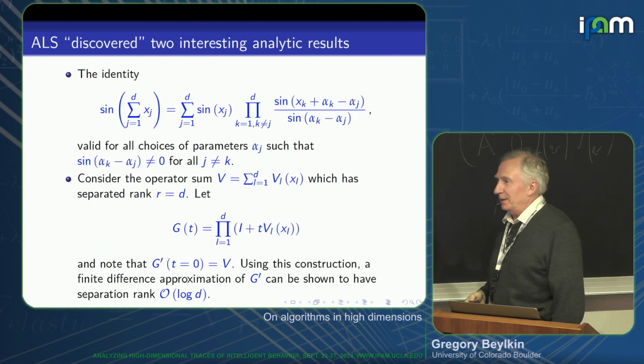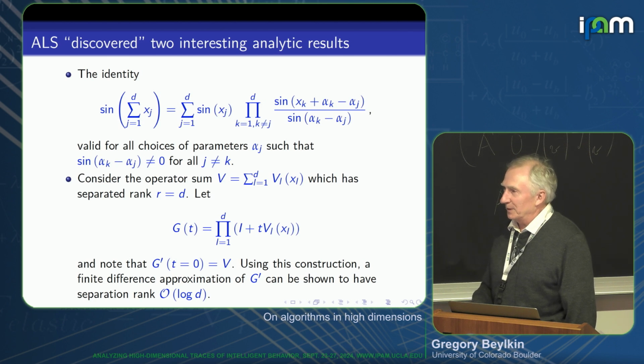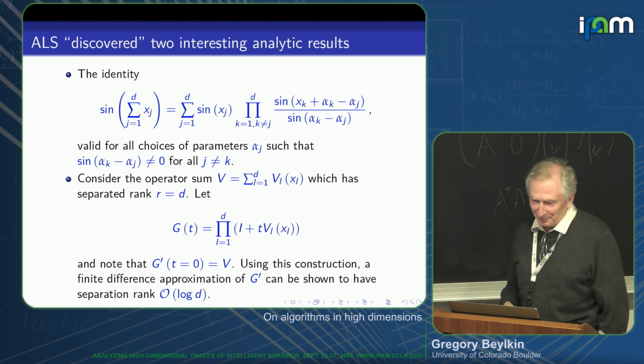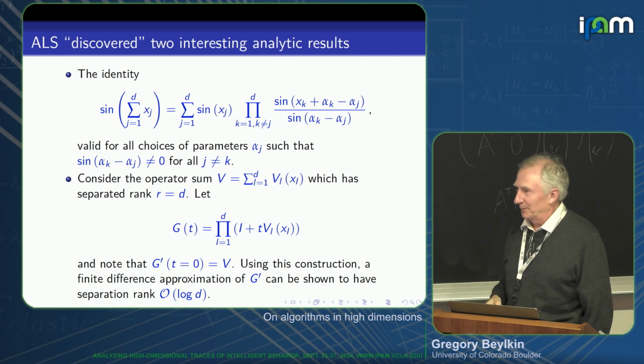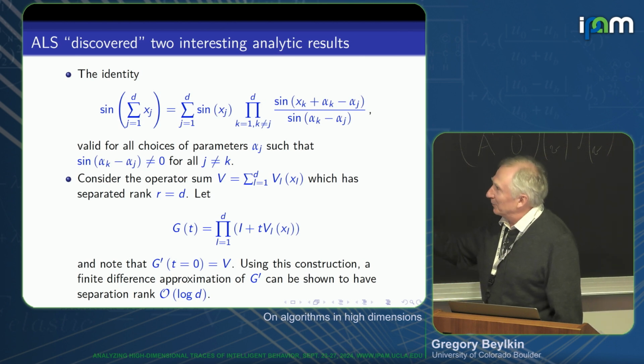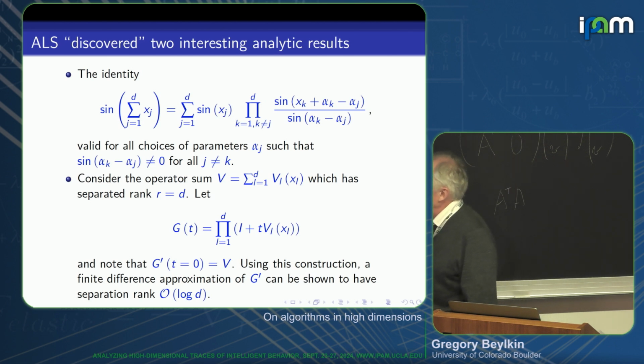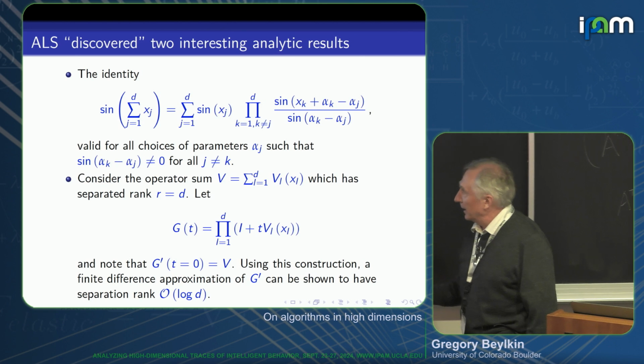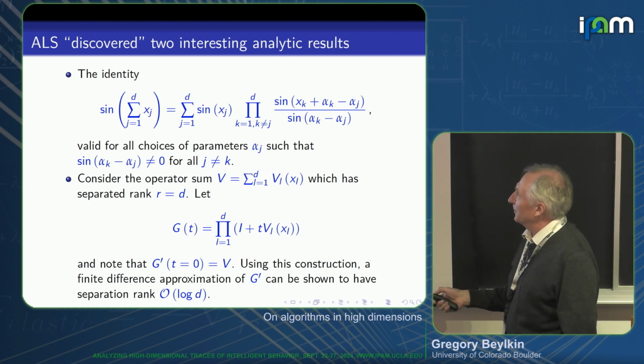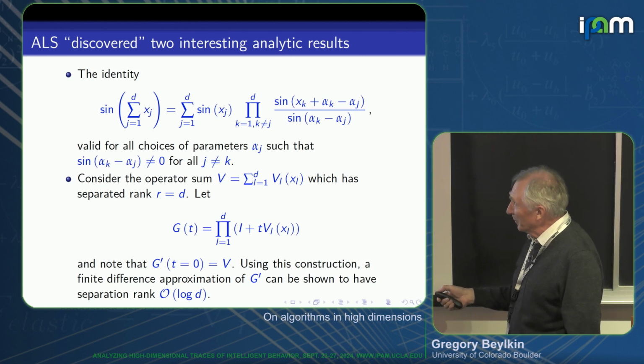When we started, this algorithm helped to discover two analytic results. I was working with Martin Mohlenkamp, and he walked into my office and said, well, we probably shouldn't do this, because here is an example where it won't work.